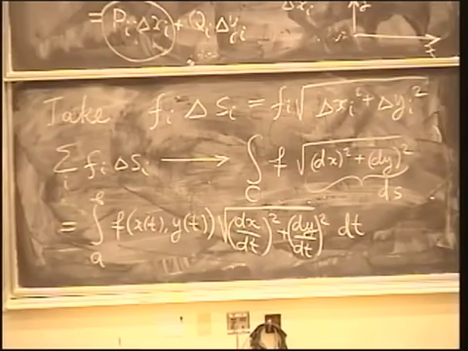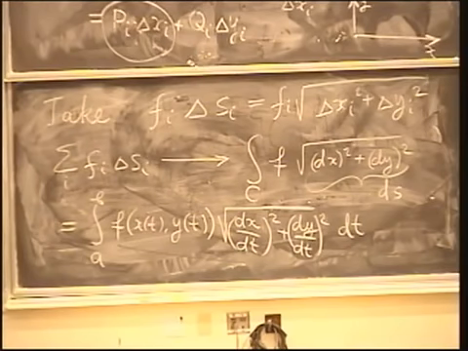So if you have a function, again, I work on the plane, so it's a function of two variables. We can take partial derivatives of this function. We have f sub x and f sub y, and we can put them together in what we call the gradient vector. Right, this is a gradient vector.